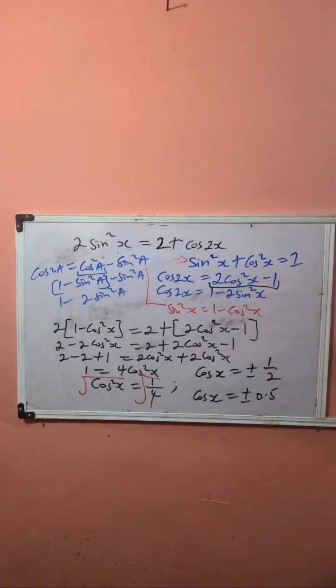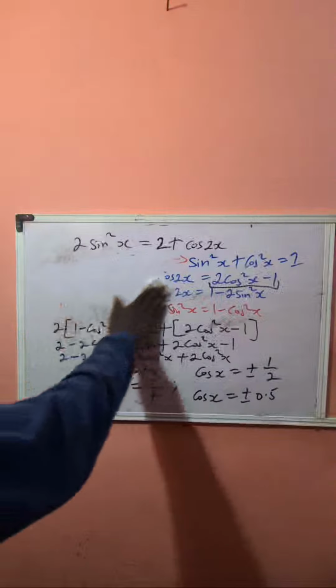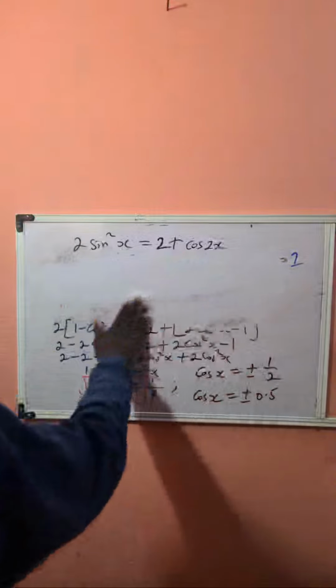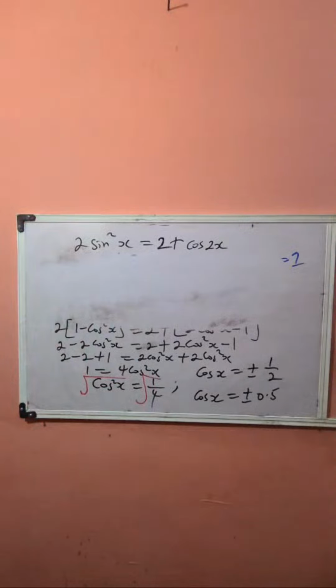This is exactly where you then need to be very careful, because some people will go on to make some mistakes in this particular case. And I don't want you to. Now, we're dealing with cos x equals plus or minus 0.5.